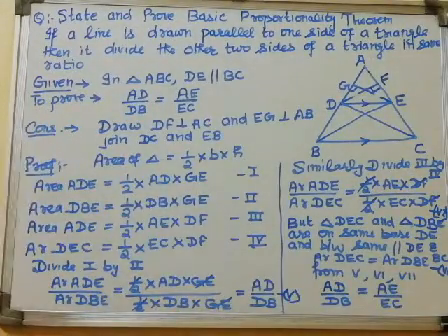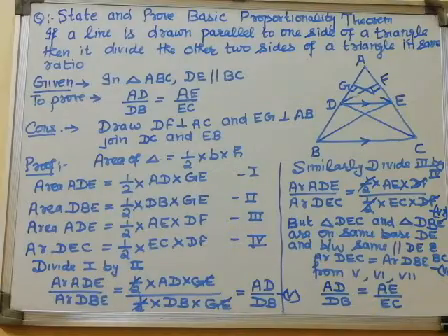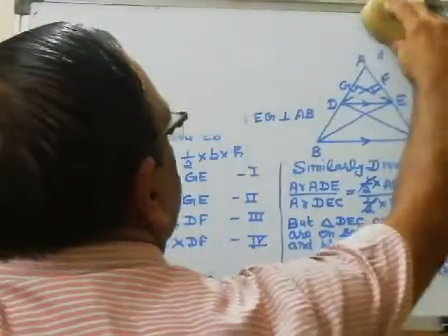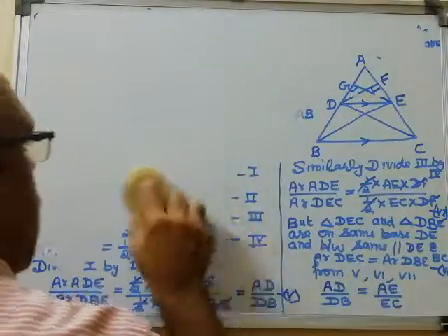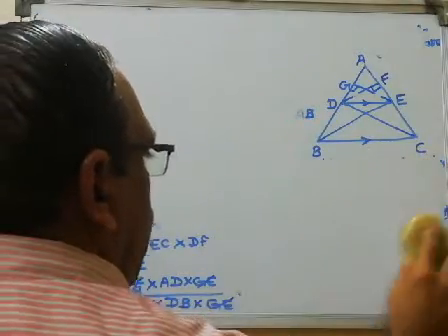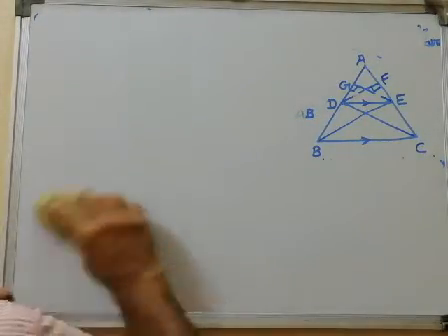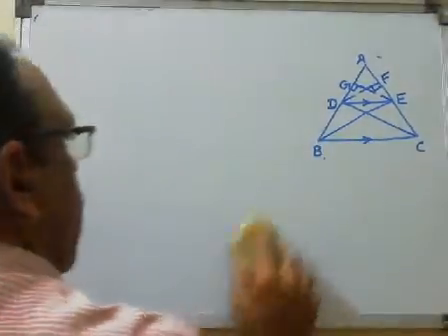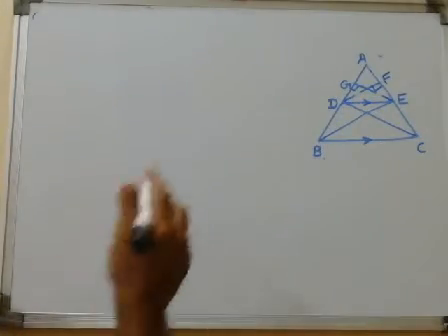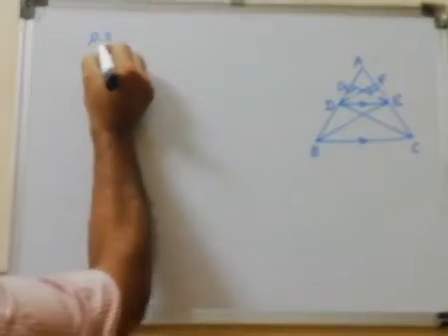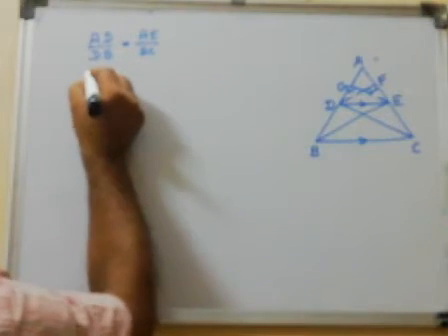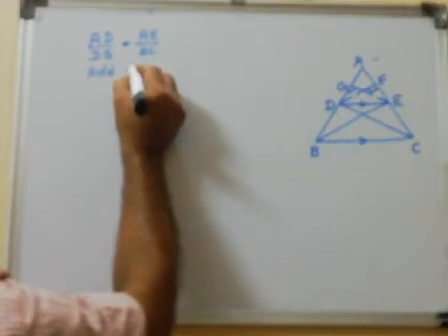Now corollary is there. Sometimes they have asked, you have proved now AD over DB equal to AE over EC. Add one both sides. This is corollary.